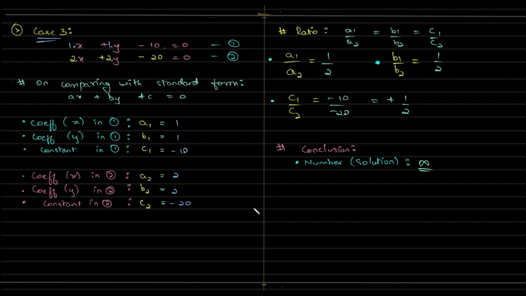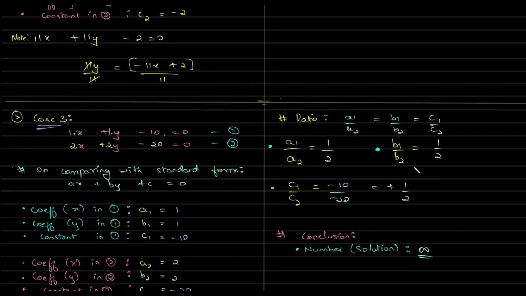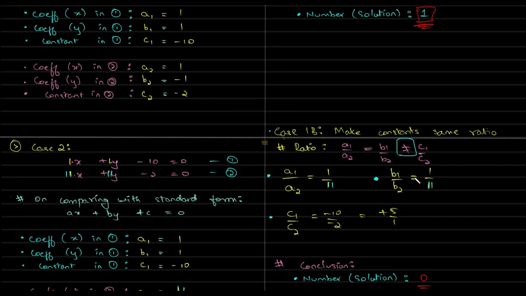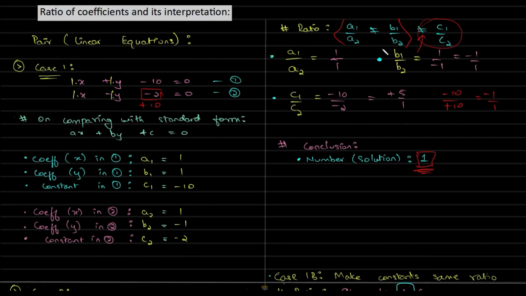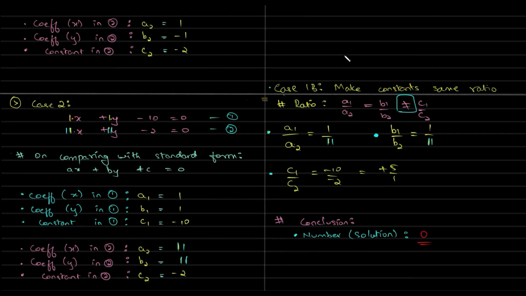Okay, I hope everything sank in. We have three different cases: one wherein we had infinite solutions, one with no solution, and one with one solution. For one solution we had the not equals to condition.